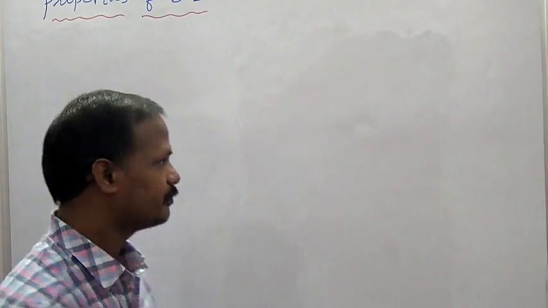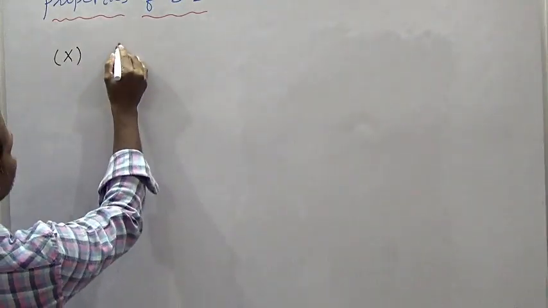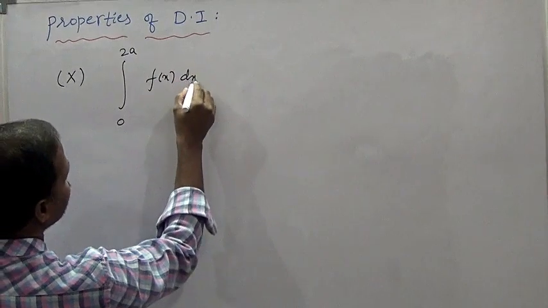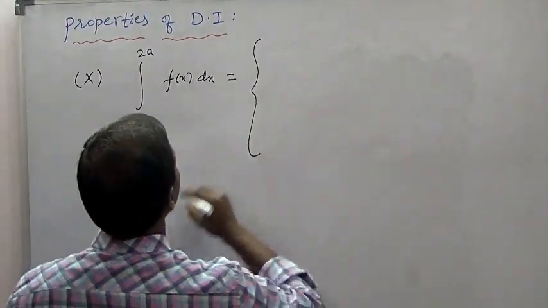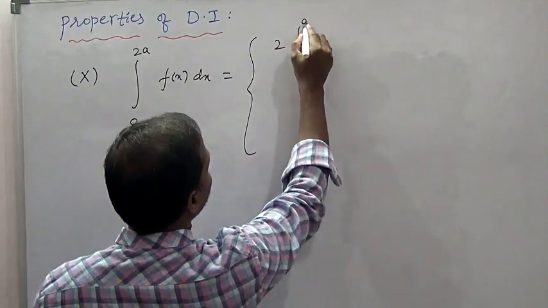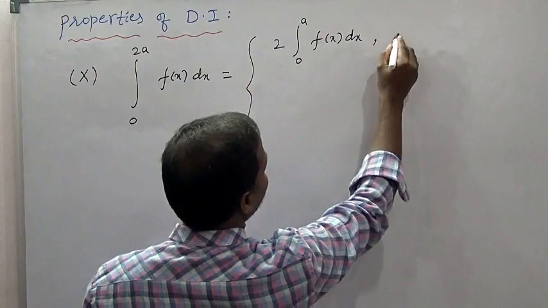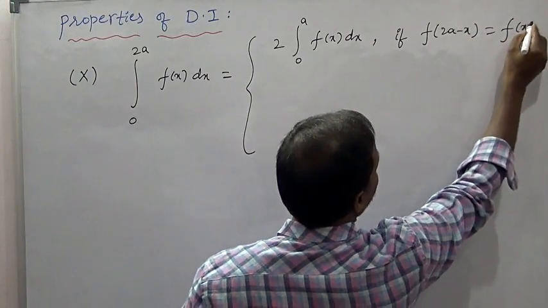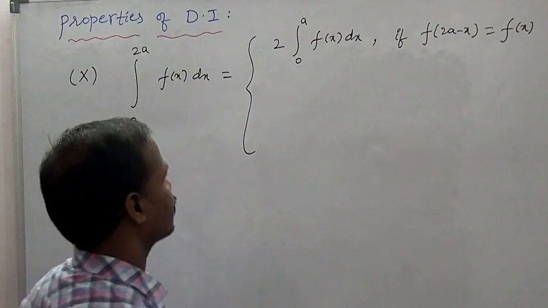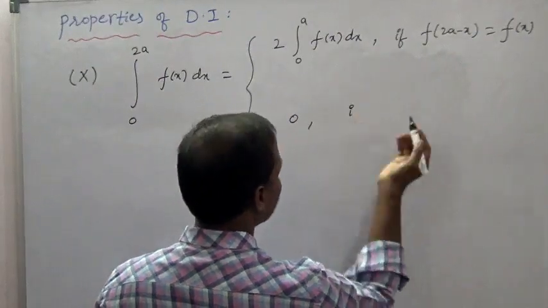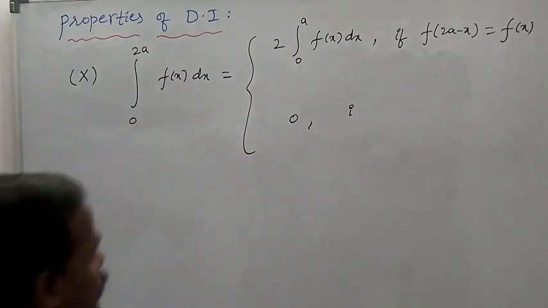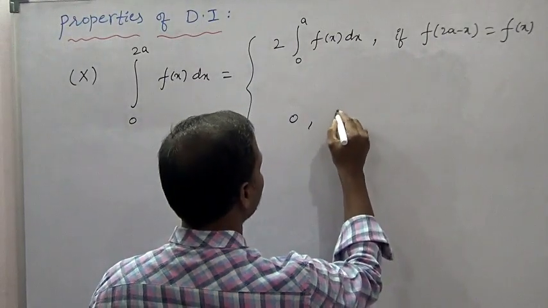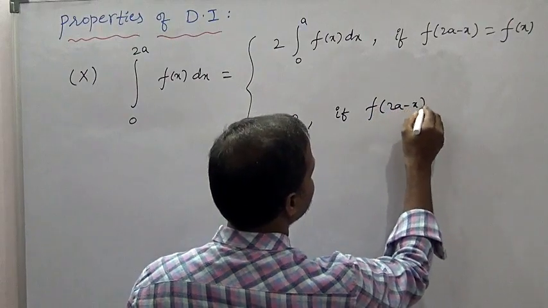Okay, so next property: integral 0 to 2a f of x dx equal to 2 into integral 0 to a f of x dx if f of 2a minus x equal to f of x, and 0 otherwise, that is, if f of 2a minus x equal to minus f of x.